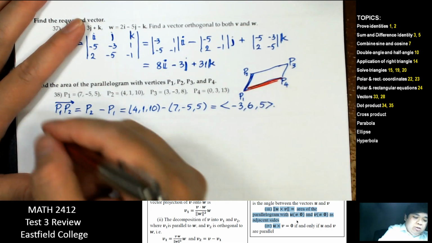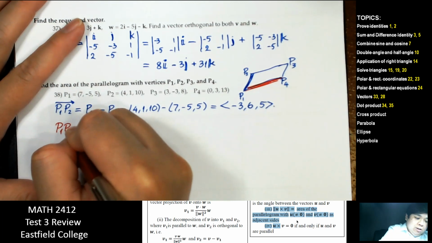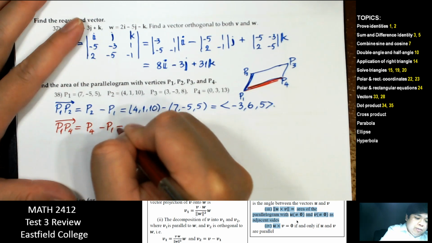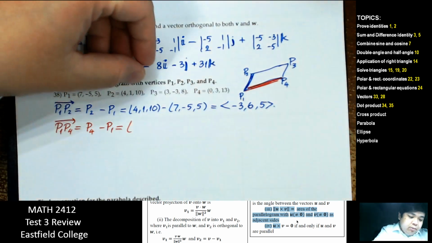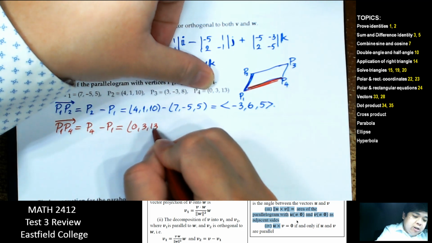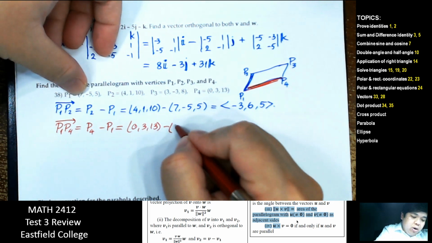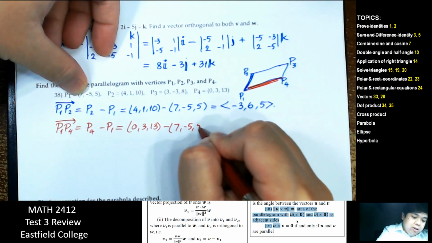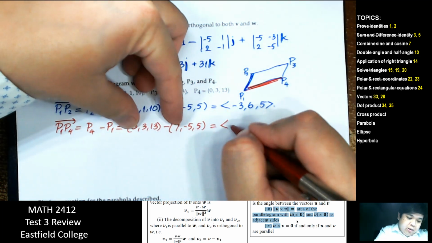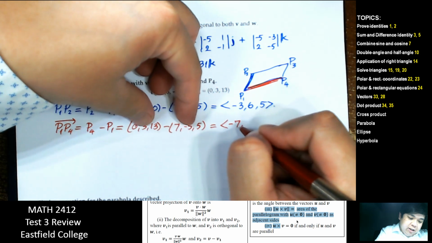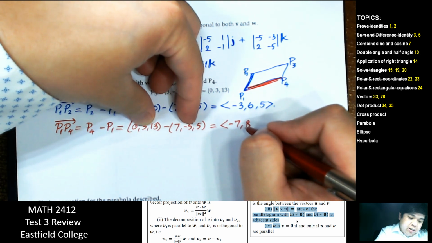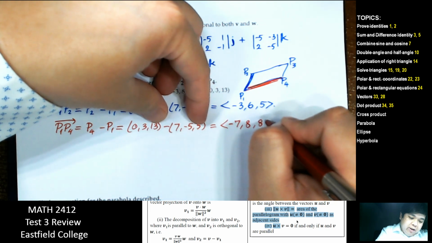We do need to have the adjacent side, so we do need P1, P4, which is P4 minus P1, where P4 is 0, 3, 13, minus P1, so -7, 8, and 8.